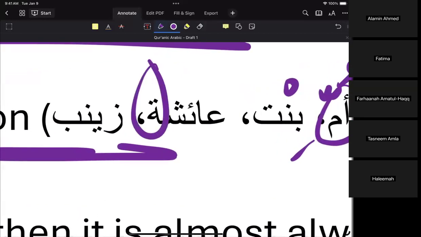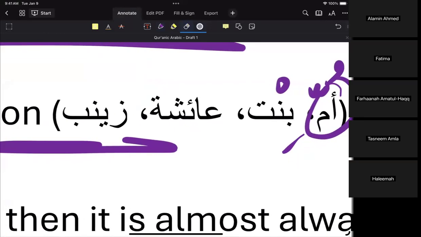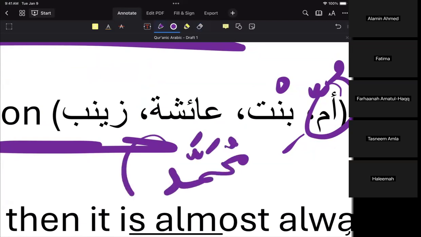Quick question. What haraka do I put here? One Dhamma. Okay, that's interesting. She's saying one Dhamma just to make sure she's not wrong. What about this one? Muhammad. What haraka do I put here? Dhammatain. So Muhammadun.